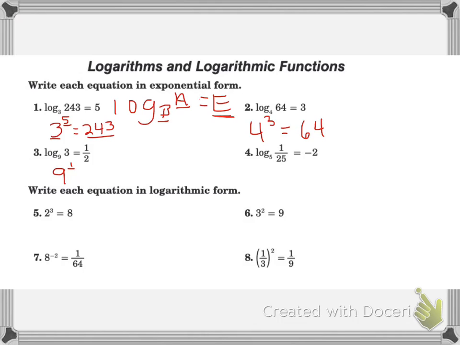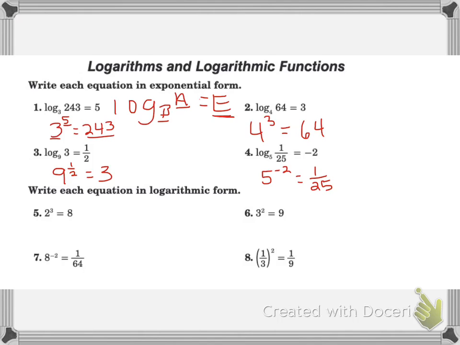Exponent is 1/2. If you recall, what does that mean? Square root is 3. Very good. Base is 5. Exponent is -2. Remember, a negative exponent means you flip it. Is that true then? Sure is. Okay, so it's very easy for you guys to change your logarithm equation into an exponential equation.